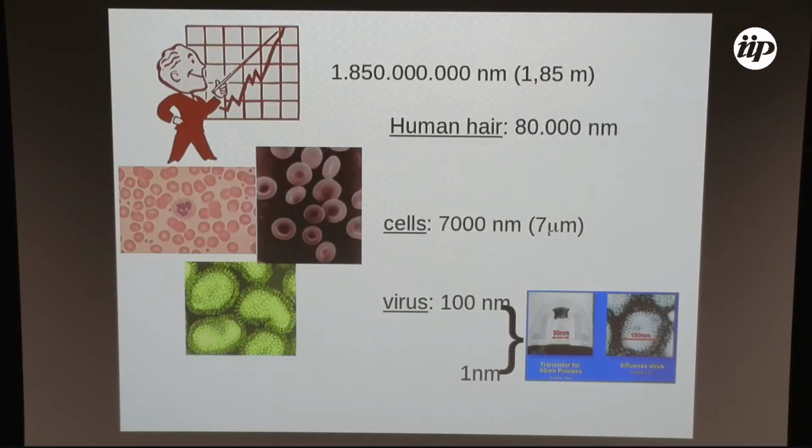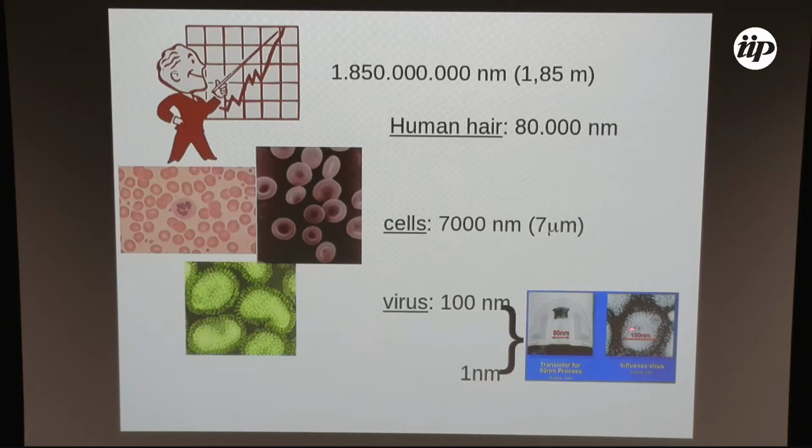And after that, the technology has improved quite a lot. And as you can see in this scale, nowadays, it's possible to develop transistors. This is a picture from the Intel site. You can see this is a very small transistor, basically of the size of a virus. Okay, so you have here the virus of influenza.